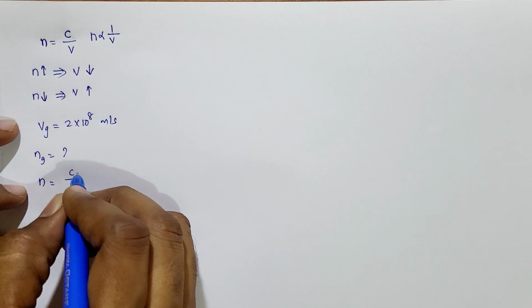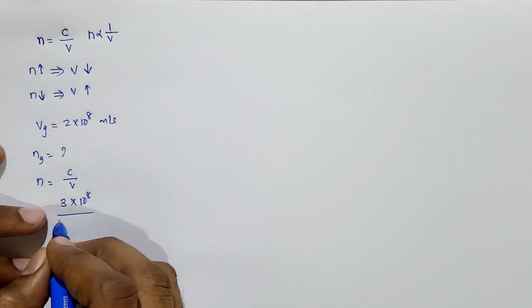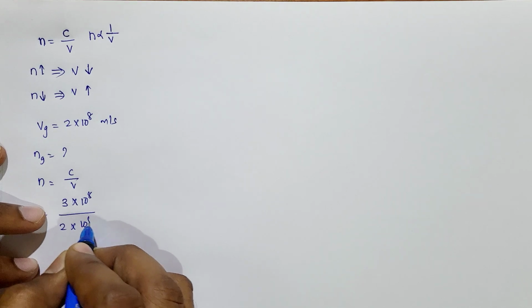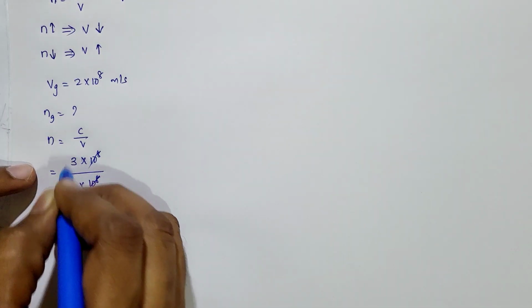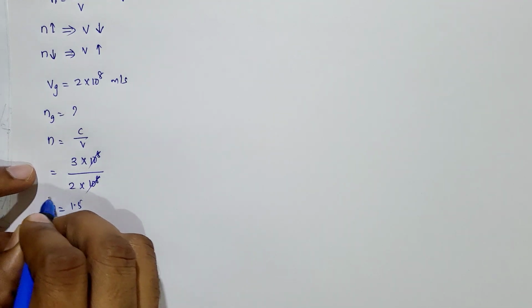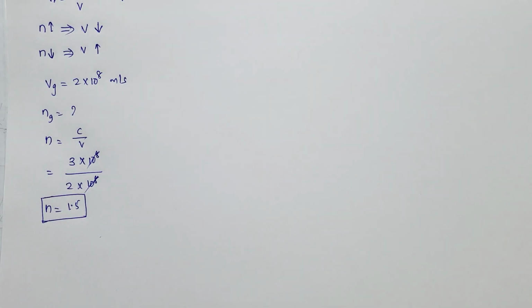C is a constant value. Speed of light in air or vacuum is fixed. It is 3 into 10 power 8. Speed of light in glass is 2 into 10 power 8. 10 power 8, 10 power 8 cancels. Then N will be equal to 3 by 2, 1.5. So the refractive index of glass is 1.5.